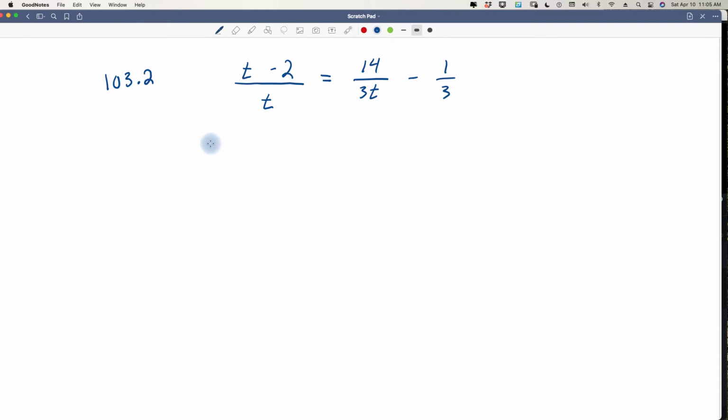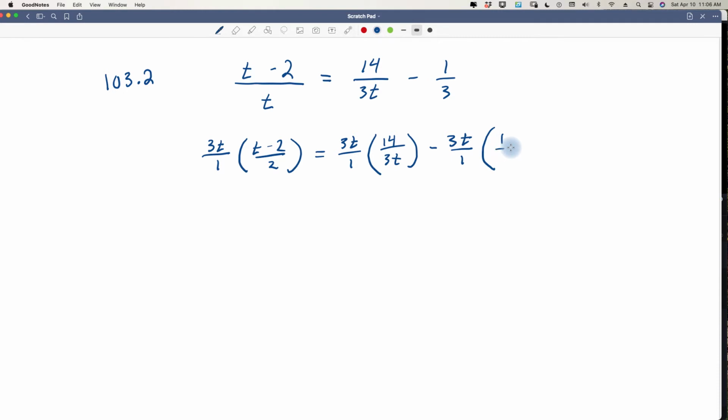So 3t over 1 times t minus 2 over t equals 3t over 1 times 14 over 3t minus, sorry, 3t over 1 times 1 over 3.